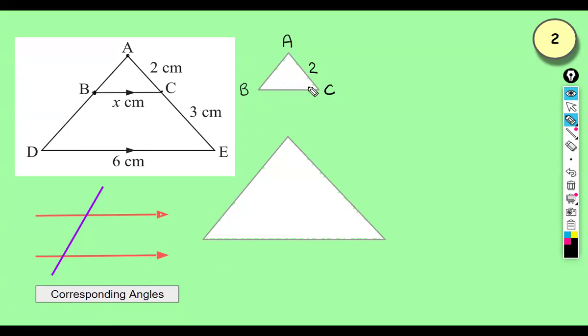And from B to C is X, which we don't know. For the bigger one, it starts at A also. It goes to E. And over here is D. Over here is 6 centimeters. And over here is 3 centimeters.